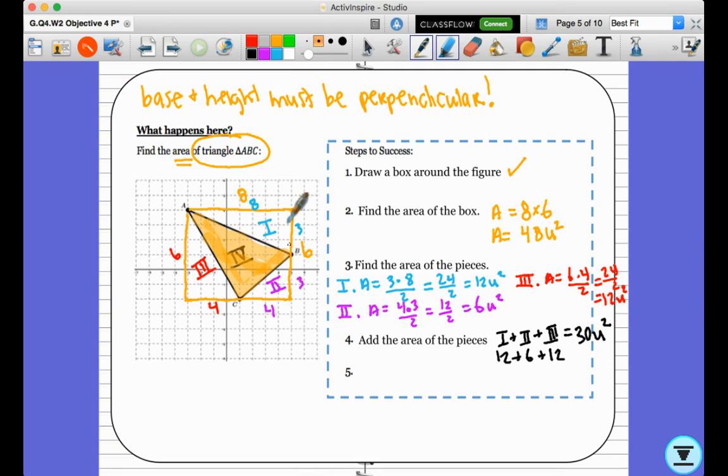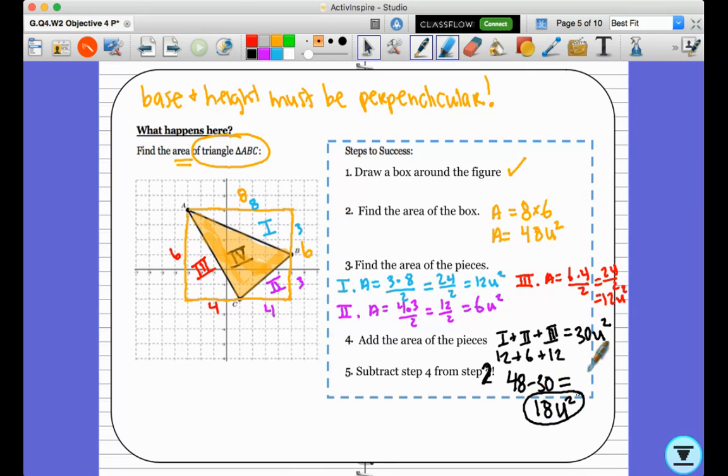So the whole thing was 48. These parts that aren't in my shaded region are 30. So how do you figure out your shaded region? Subtract step 4 from step 2, that's a typo. Darn. So I'm going to say 48 minus 30, so the entire thing minus the parts that aren't in the shaded region, I'm left with 18 units squared.